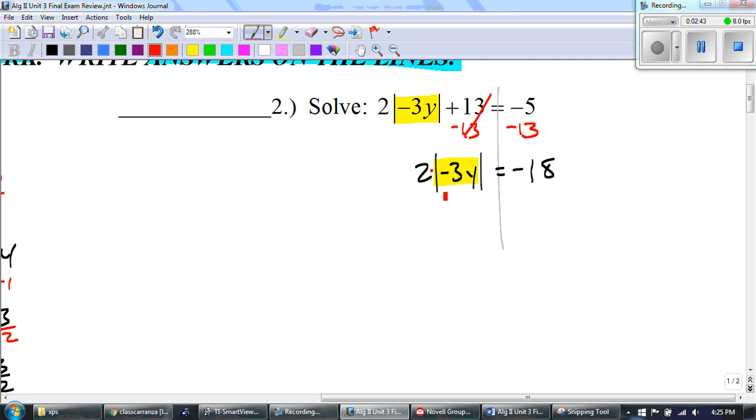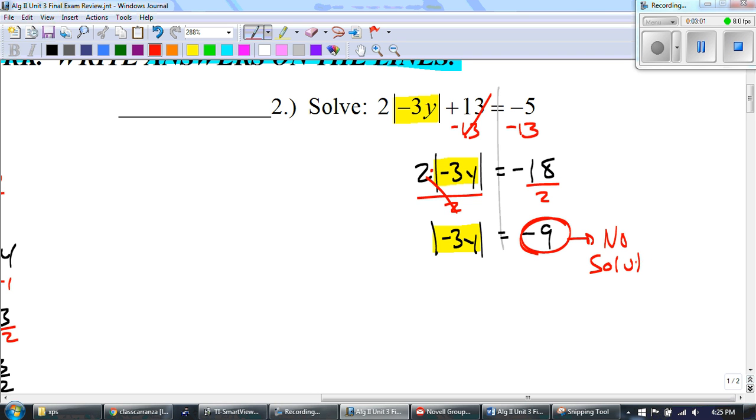Right now we're multiplying by 2, so to get rid of it, I need to divide. And I get the absolute value of negative 3y equals negative 9. The absolute value is by itself, but it equals a negative, and that's no solution. So our answer for number 2: no solution.